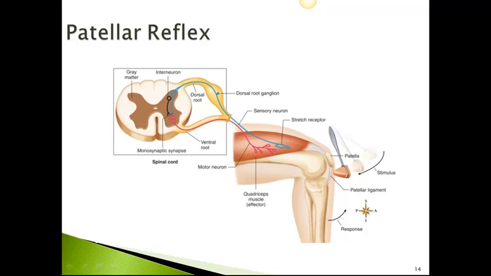So what happens is we stimulate the patella, and it causes a response via the sensory nerve back to the spinal cord here, and then it relays through the synaptic cleft in the gray matter a message, and it goes via the motor neuron back to the muscle to cause the actual response.